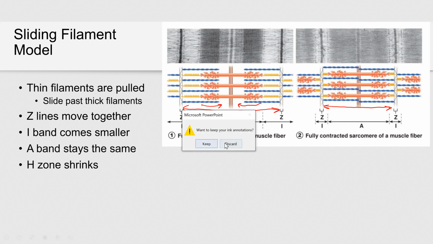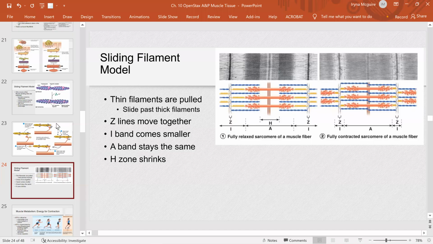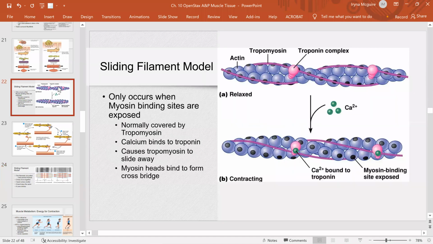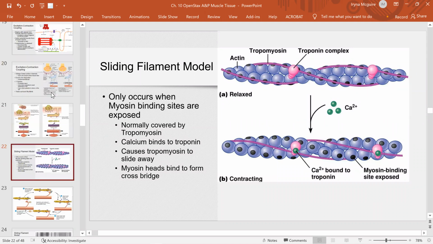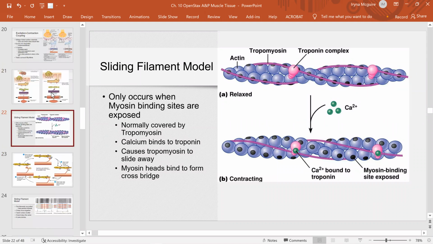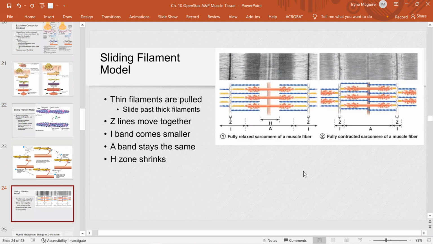So that's pretty much what's happening, and this is called the sliding filament theory or sliding filament model, and the guys got a Nobel Prize for discovering this model of contraction. And this is how sarcomeres get shorter and muscles contract, right?